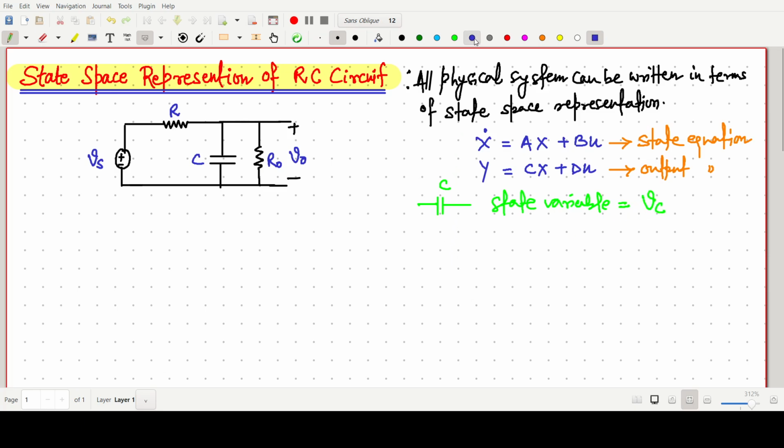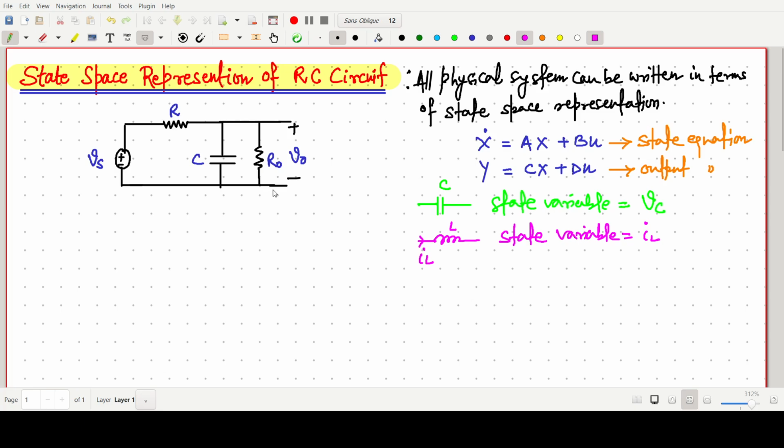And if some inductor is there, then in that situation you have to take IL as the state variable. Okay, so these are the two things you have to remember, for capacitor and inductor.